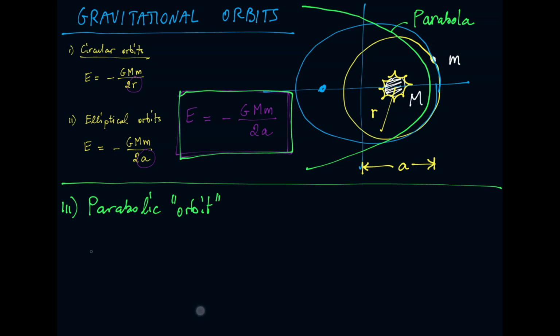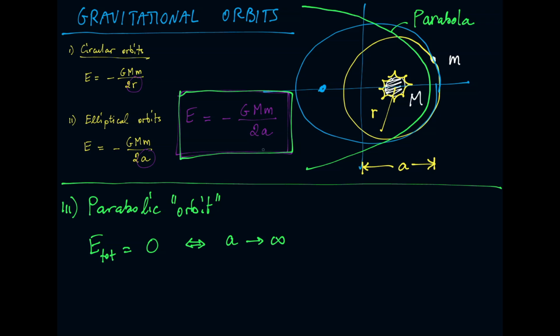And this is the case where the total energy is 0, which is corresponding to sort of the limit where this semi-major axis goes to infinity. Now, as a goes to infinity, then the geometrical meaning of semi-major axis, in quotation marks, is less transparent and less clear.